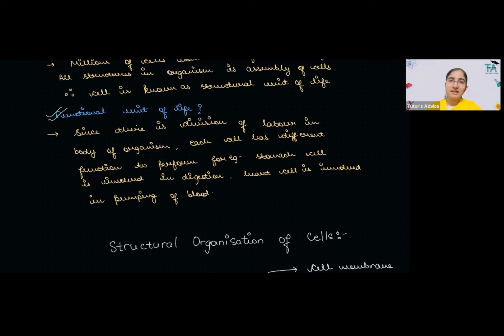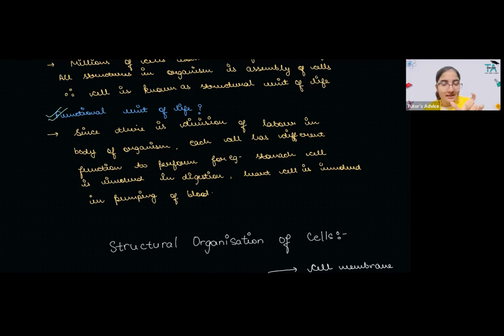Then we have stomach cells, which are responsible for secreting digestive juices and for digestion also. So you can see that in our body only, we have multiple cells, and multiple cells have multiple functions to perform. Correct. So that is why we call it the functional unit of life.